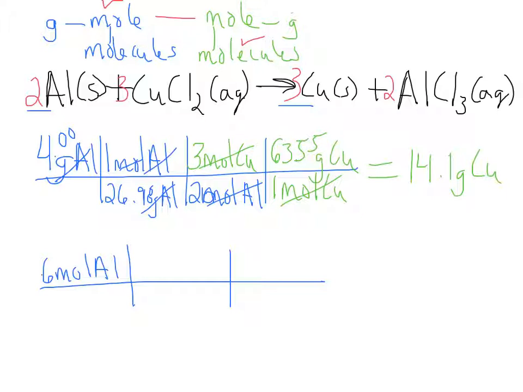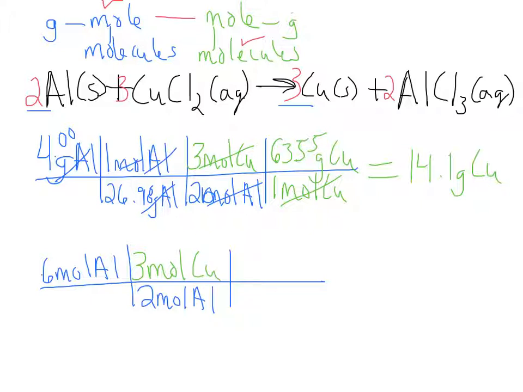Okay, so first step is to convert moles of aluminum to moles of copper. So again, that comes from the coefficients of our balanced equation. You can do any two compounds. We could do copper chloride to aluminum chloride. So from our equation, 2 moles of aluminum is equivalent to 3 moles of copper.